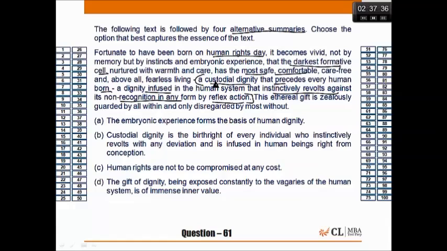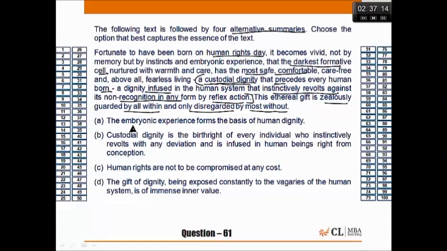He's talking about custodial dignity. This ethereal gift is zealously guarded by all within and only discarded by most without. So we're talking about custodial dignity, and we should have the words custodial dignity in the answer, right?